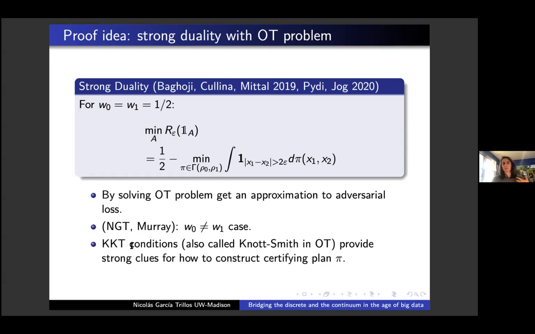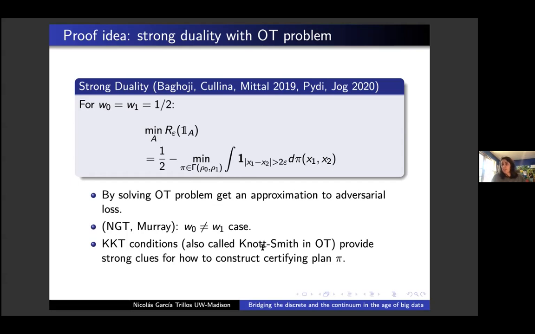Now, for the optimal transport problem, we use some information on the optimality condition. In optimal transport, this is known as the Nodal-Schmidt condition. This gives us some clues of how we should be building this certificate plan.